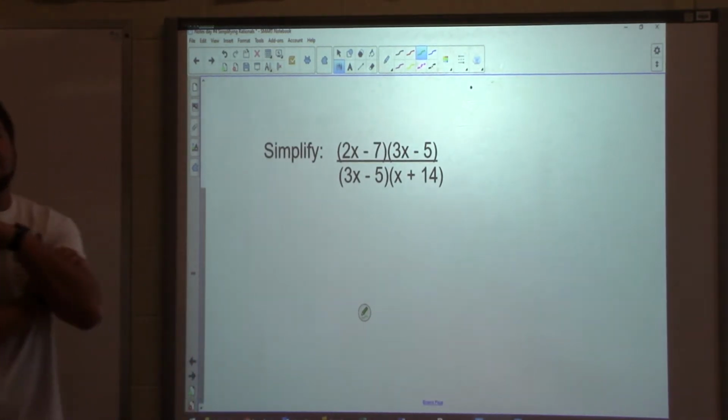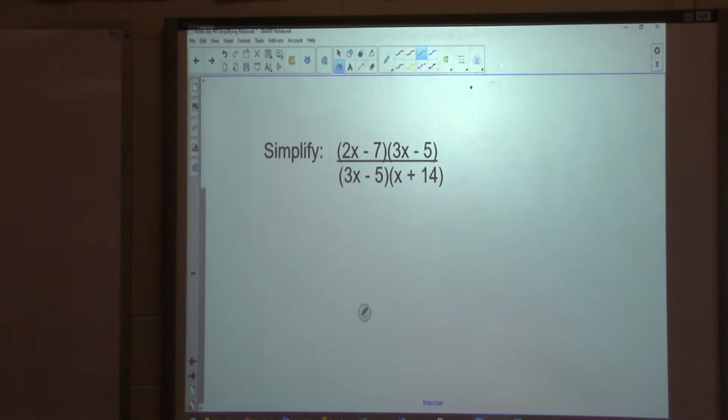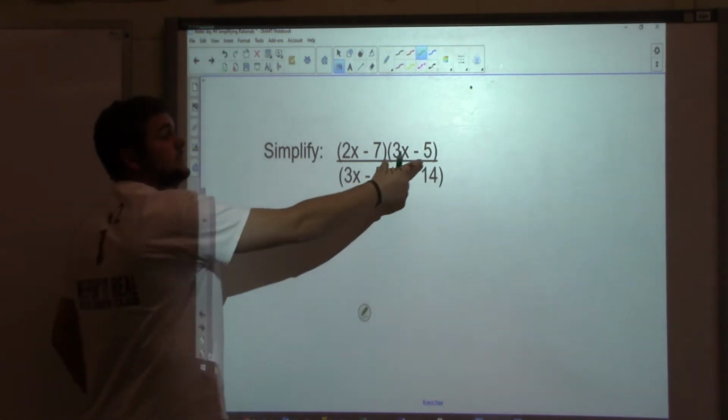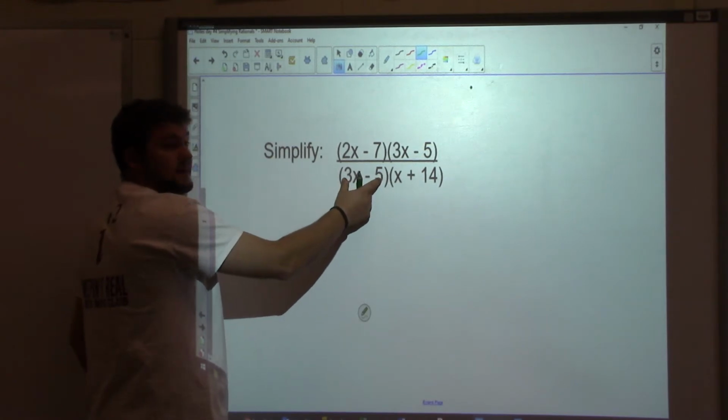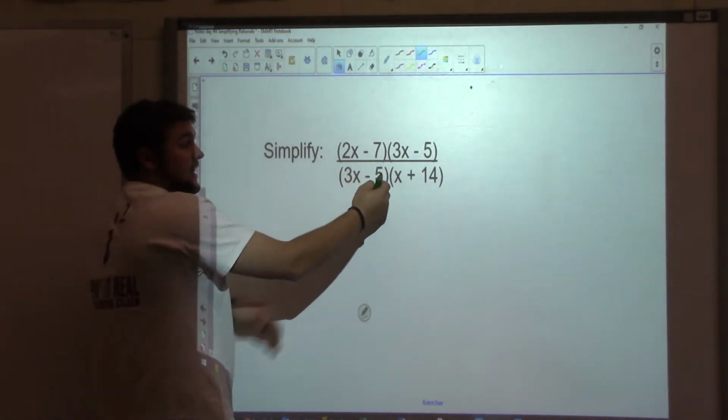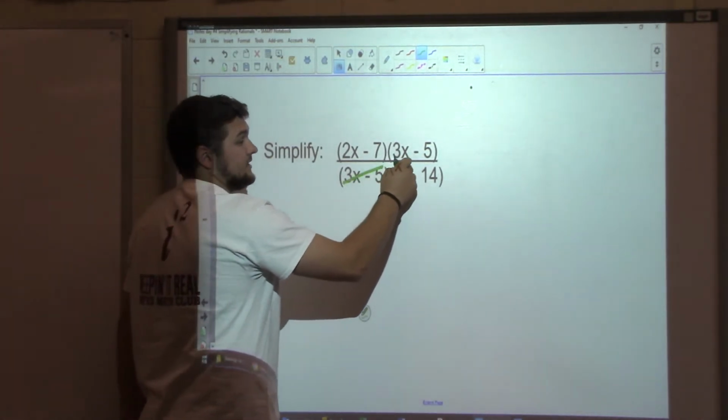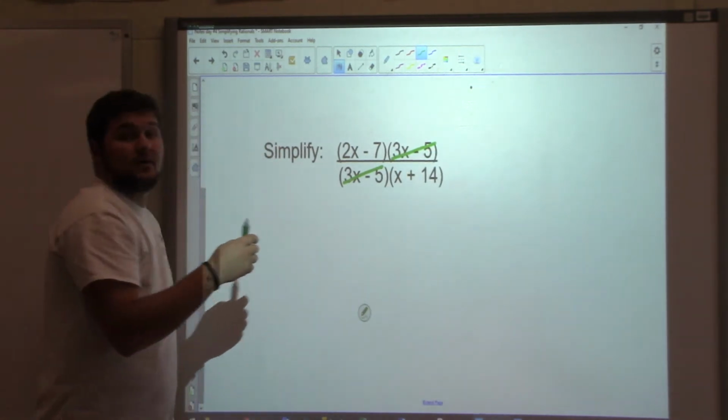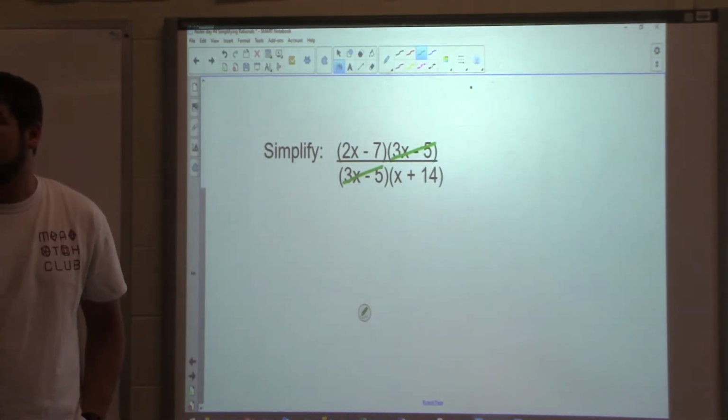2x minus 7 times 3x minus 5 over 3x minus 5 times x plus 14. Do I have any terms that are the same? I do. I have 3x minus 5 and 3x minus 5. Because I have that whole term, I can cancel it. Right? Now, remember I said we had to have multiplication in between? It does.